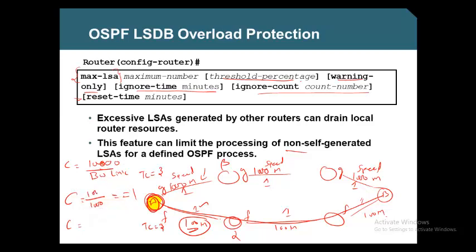And for the below path, the cost is going to be 100. So all traffic now will go via the gig Ethernet path, not via the fast Ethernet.